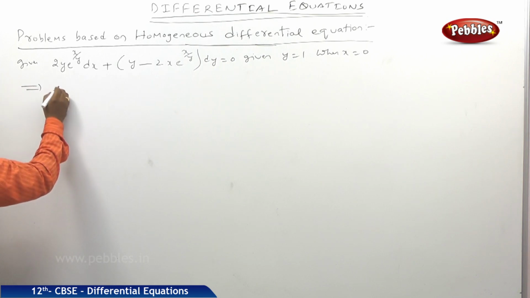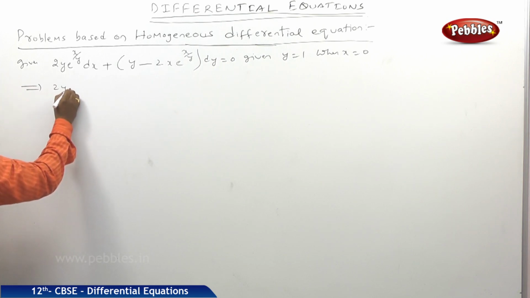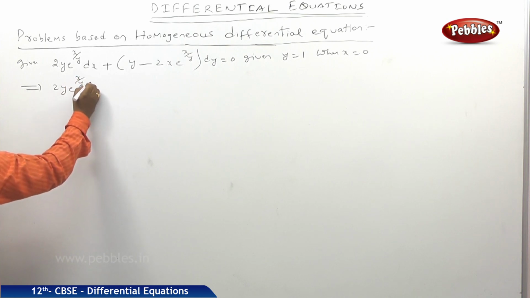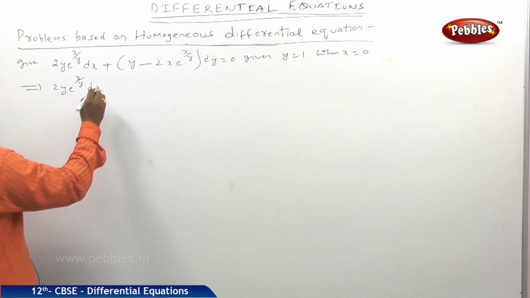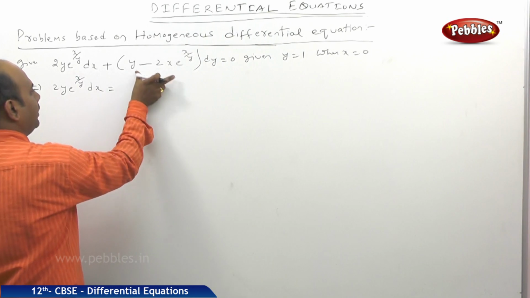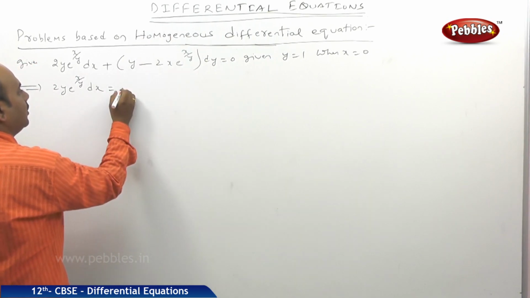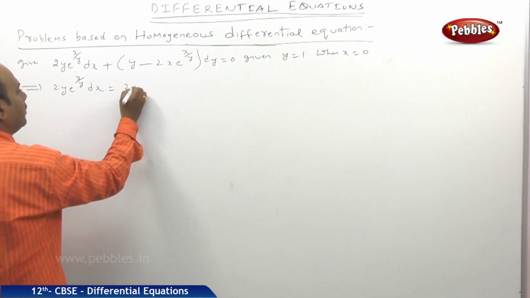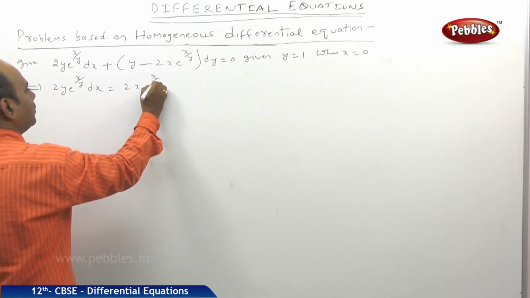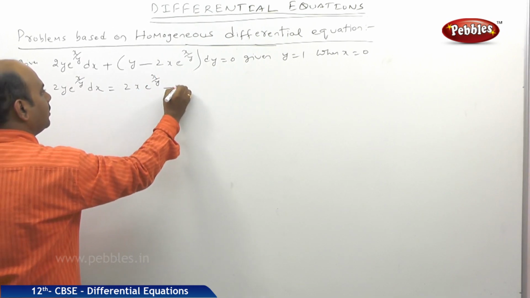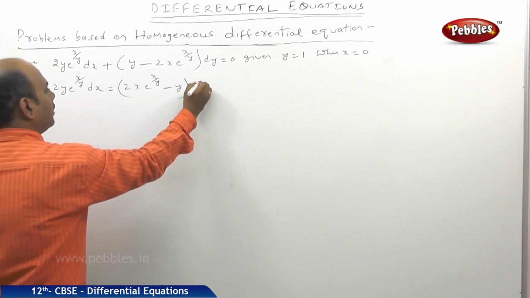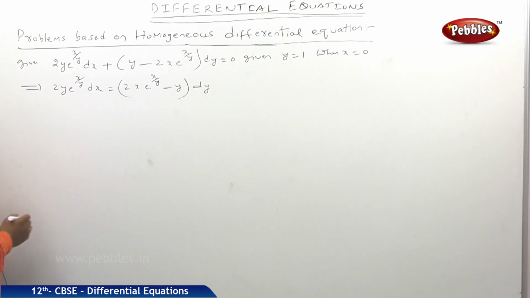So what I will be doing means 2y e power x by y dx is equal to, I will make this whole expression to that side. So minus of will be there. So I can write like this, 2x e power x by y minus y, and here there will be dy.